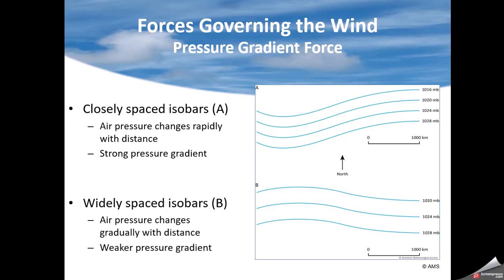Well, air hates to be a vacuum. So nature, God has created it so that we don't have vacuums on Earth. So anytime air pressure is very tight, changes very quickly, the pressure at the highest areas are going to move towards the lowest areas. The closer the lines are together, the faster that air parcel is going to want to move down that slope.